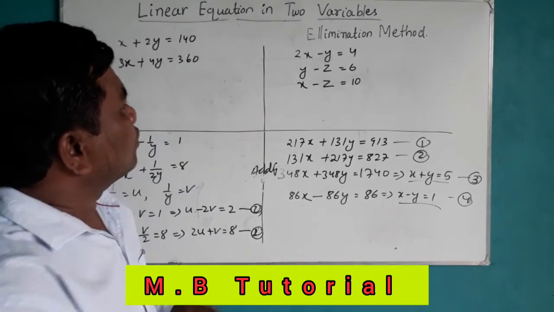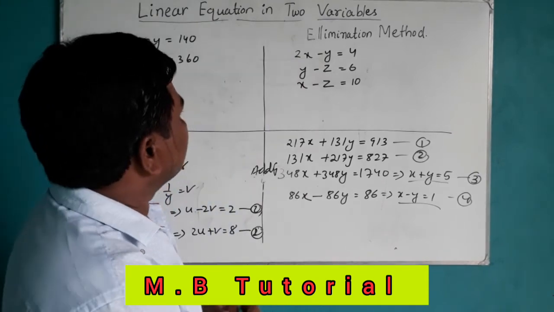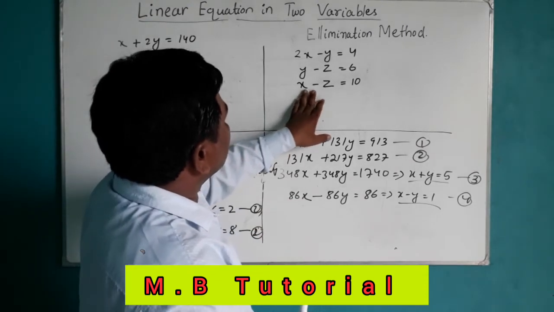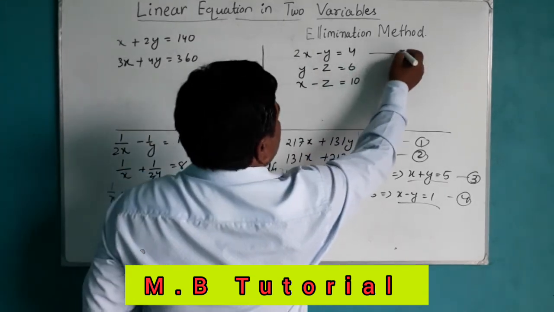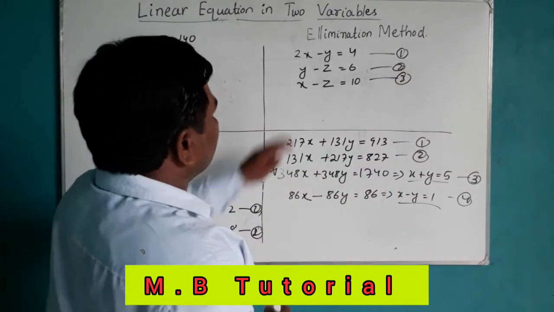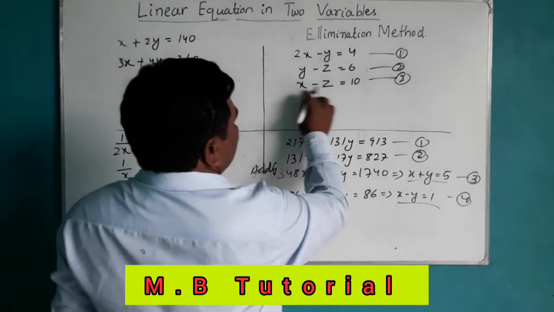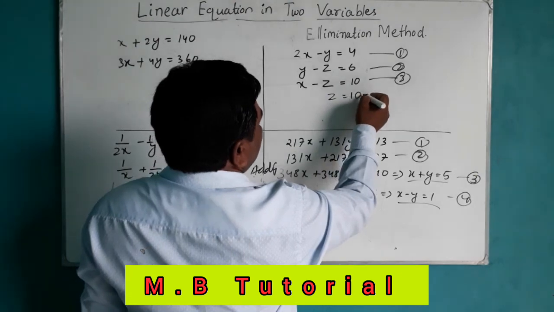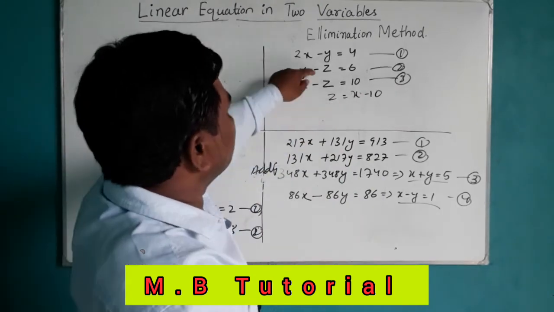The fourth question has 3 variables and 3 equations. You can find it by putting the value of z in equation 2. At first take equation 1, equation 2 and equation 3. From equation 3, you can find the value of z: z is equal to x minus 10. Now substitute this value in equation 2.